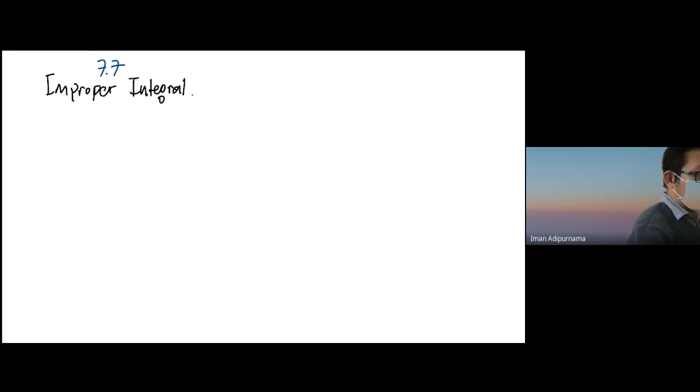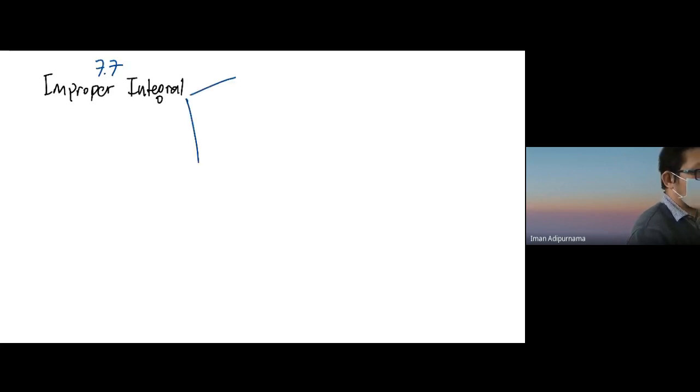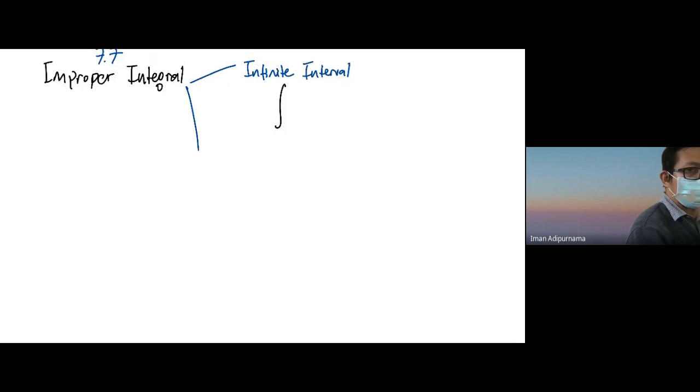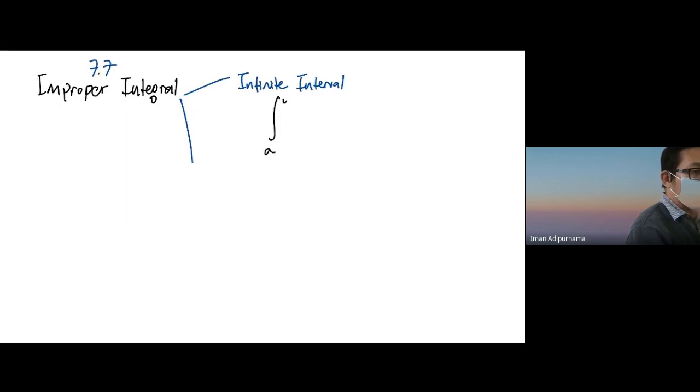In general, we have two types of improper integral. The first one we call the infinite interval. That is this type. The second is discontinuity.